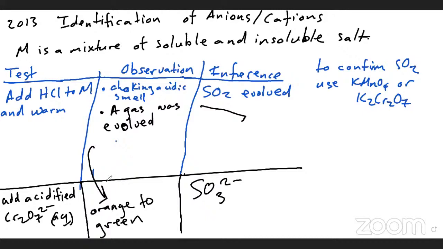Once you use it and your sulfite is present, it means that you would have seen an orange to green color change. You have SO3 2 minus, and with SO4, you would have gotten a precipitate.